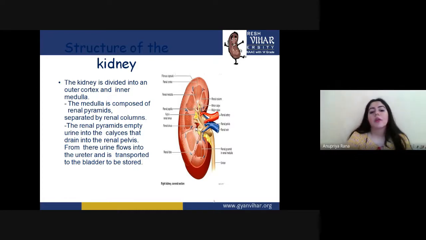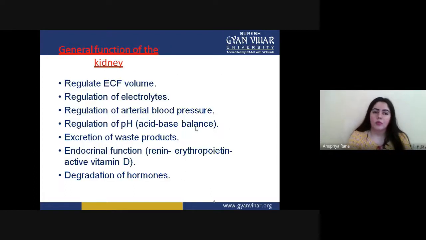From there, urine flows into the ureter and is transported to the bladder to be stored. There it can be stored and excreted when it is needed, or when the quantity of urine is large, so it is going to be excreted out.